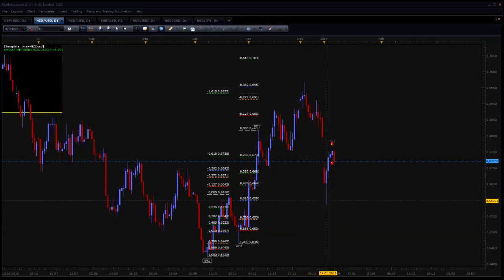Went all the way back where it found support. So this here is the support level. Used to be a resistance level, and now it became support.